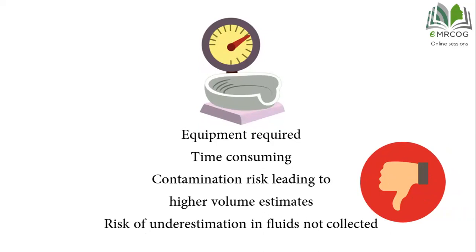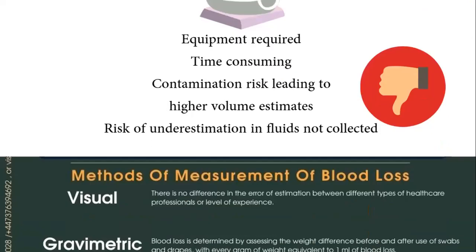We still have higher volume estimates, and we still can have the risk of underestimation if some fluids are not collected or the total blood is not collected. You can also overestimate the amount of blood because you are collecting the amniotic fluid or urine throughout the process.